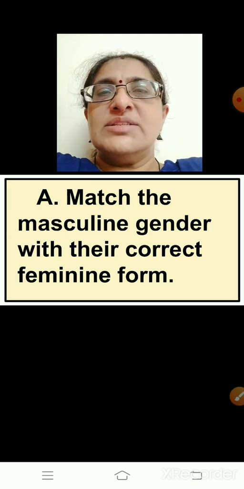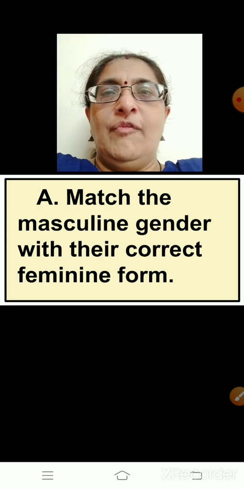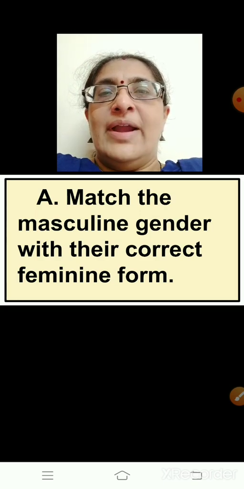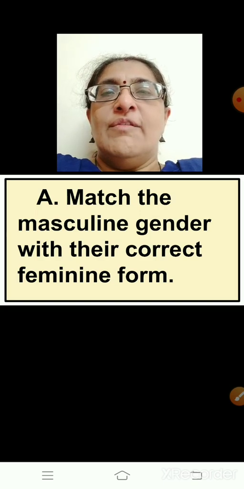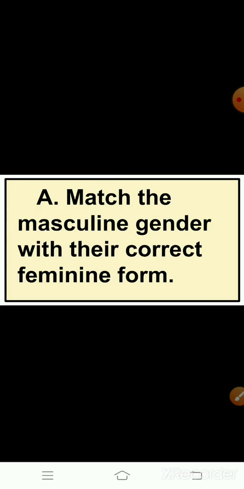Match the masculine gender to their correct feminine form. Okay, you have to match the masculine gender with the correct feminine form. Let's see.